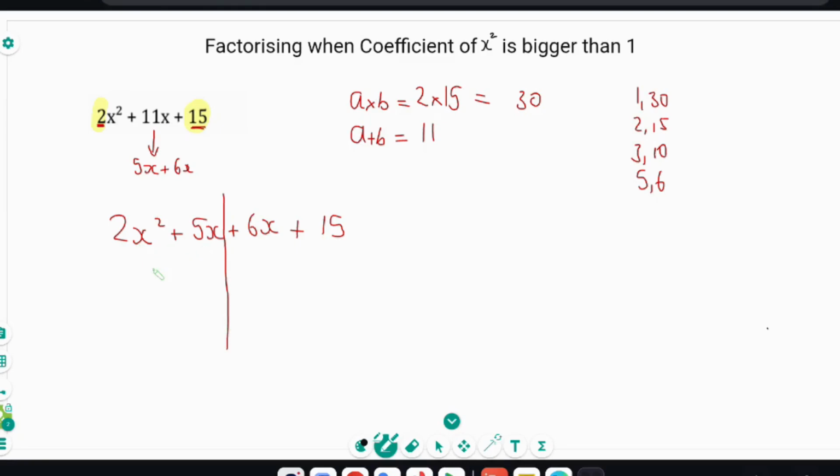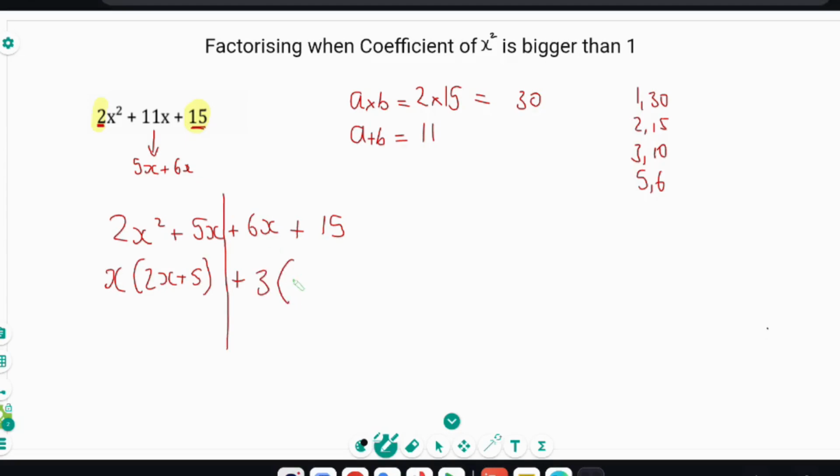Highest common factor of 2x squared and 5x. Well, 2 and 5 is 1. X squared and x is x. So in my bracket, I'd have 2x plus 5, because 2x squared divided by x is 2x and 5x divided by x is 5. Here, highest common factor of 6 and 15 is 3.